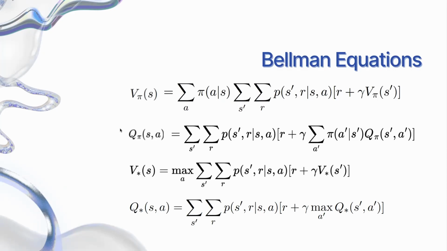So these are the regular Bellman equations, but then you have the Bellman optimality equations, which talk about the optimal value function and the optimal Q function, or the best value and Q function you can get in this particular environment. And since we care about the best, this eliminates the randomness in the policy, because we no longer care about the other actions, we care about the best action.